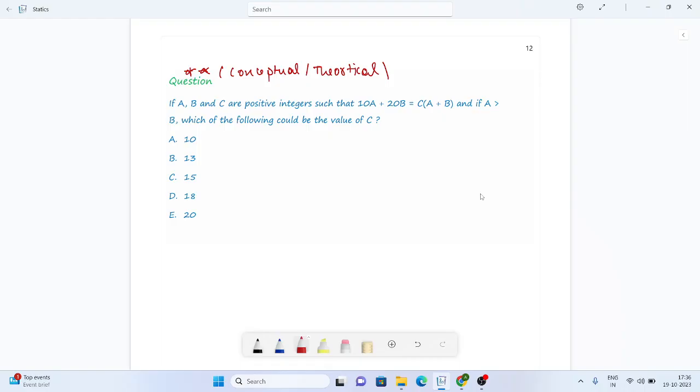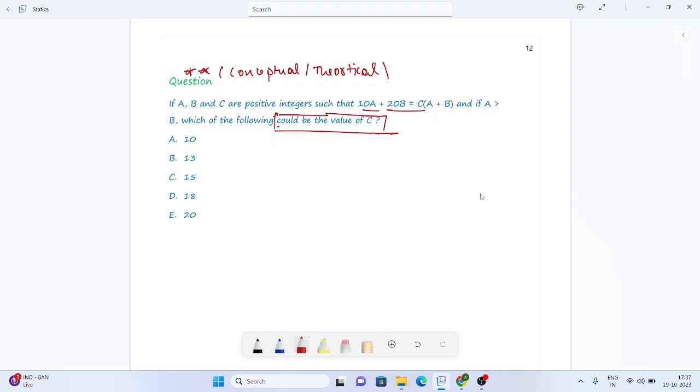So read out the question. If a, b and c are positive integers such that 10a plus 20b equals c times (a plus b), and a is greater than b, which of the following could be the value of c? Could be, I told you earlier also, means possible value of c.